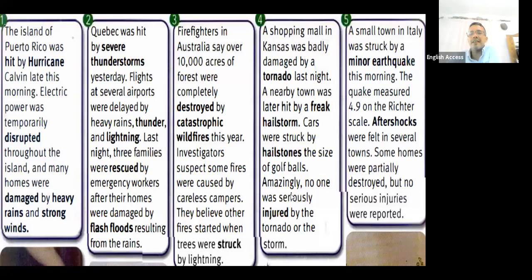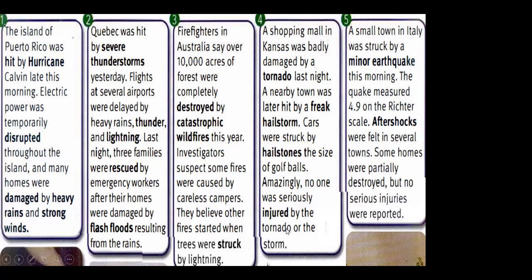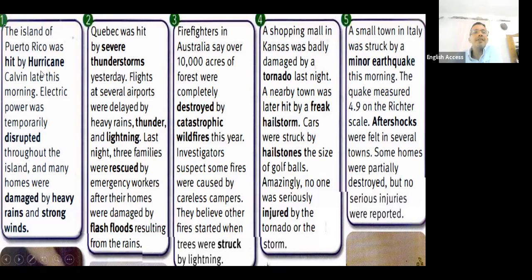Amazingly, no one was seriously injured by the tornado or the storm. Okay, keep checking, guys. Keep checking the words that you don't know. Okay, we have the last one, number 5. Who wants to read number 5?